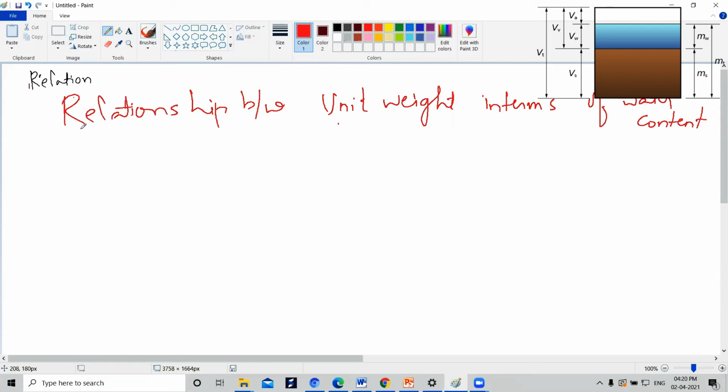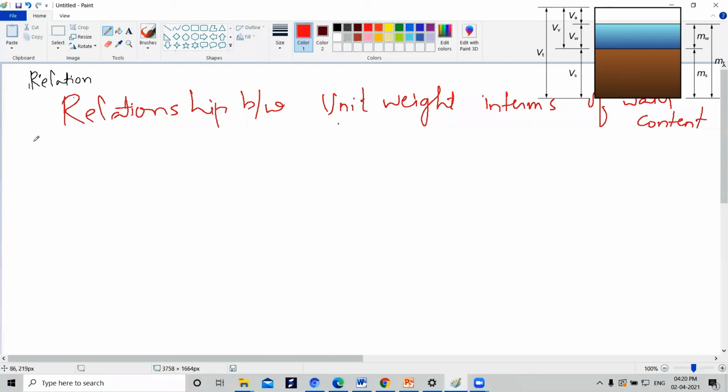So is it about the design parameter? Yes, due to this what we consider always in design, we always consider the dry unit weight. Okay, the unit weight is dependent on water content. So we need to find out the relationship between unit weight in terms of water content. Clear enough? Okay.